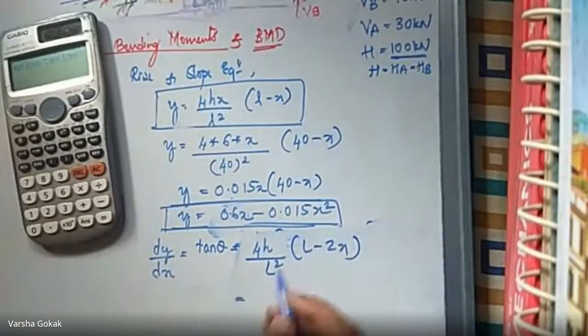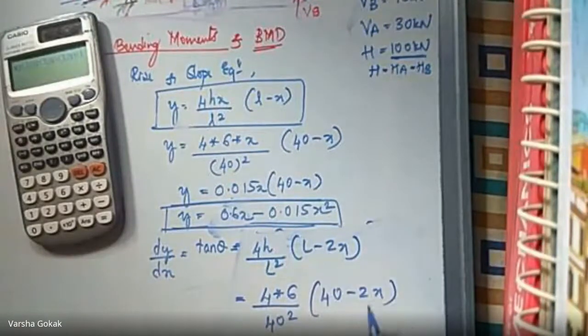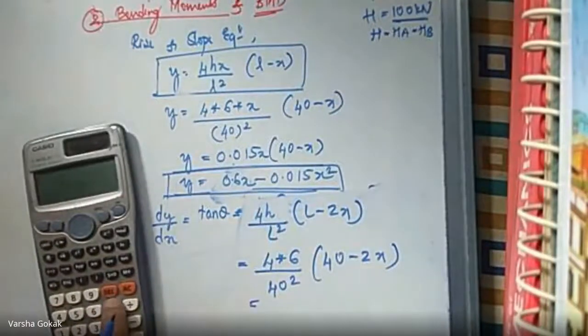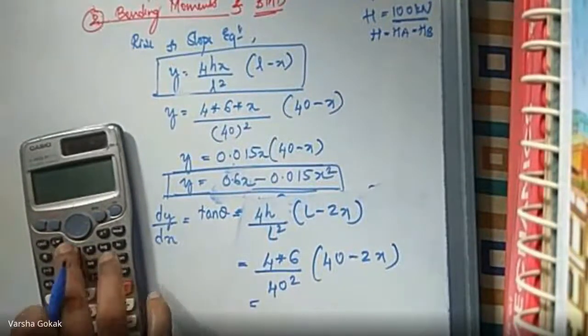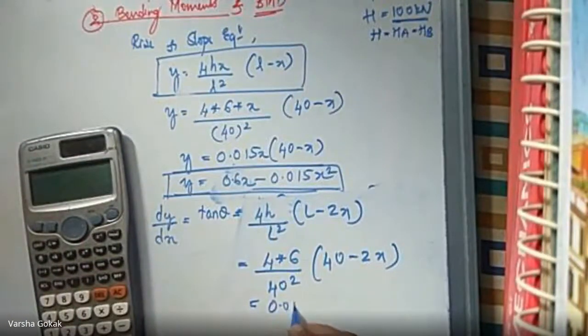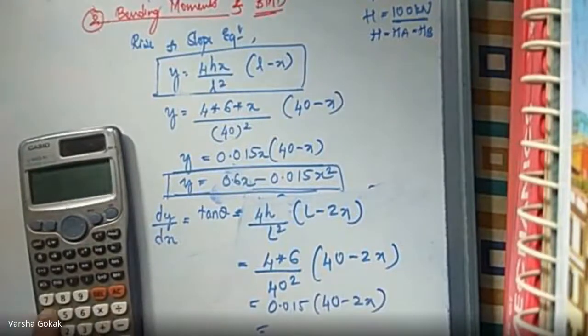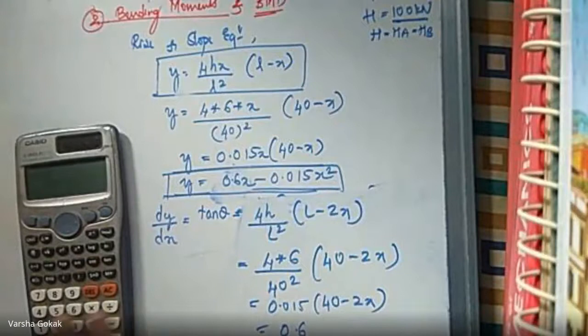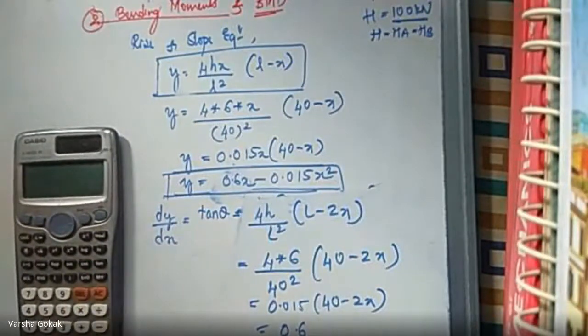So now in this I will substitute 4 into h is 6 divided by 40 square into 40 minus 2 times of x. When I open this bracket, this is going to be 4 into 6 divided by 40 square. This is 0.015 only into 40 minus 2x. So this into 40 gives me 0.6 and 0.015 into 2 gives me minus 0.03 times of x.